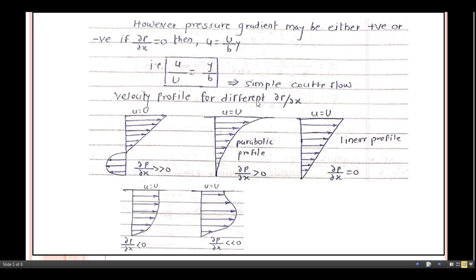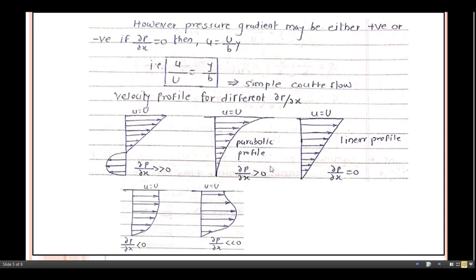Now the velocity profile for different dabba p by dabba x, that is, the pressure gradient. In this case, when the value of the pressure gradient is very large, we get the pattern in this way. When u equals capital U and the pressure gradient is very much greater than 0, we get this pattern.